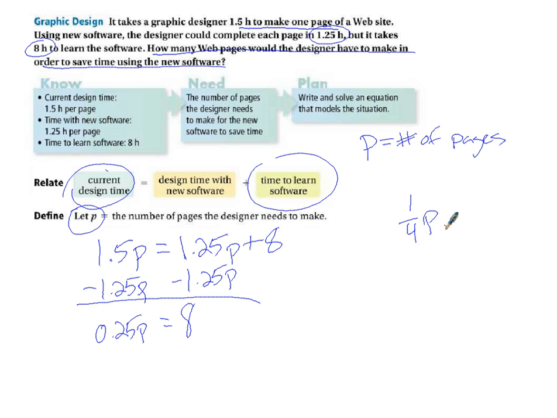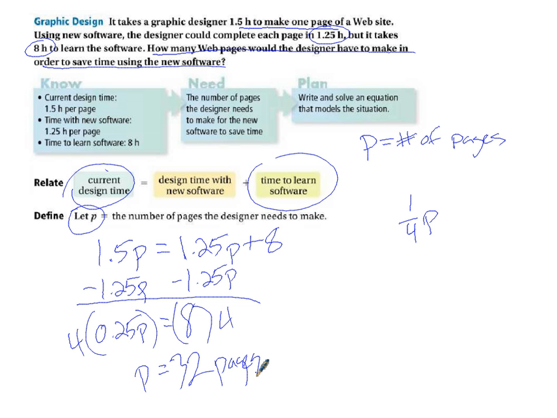Multiply by 4. So rather than divide both sides by 0.25, which is legitimate, it would give you the answer, I can make life easier on myself if I don't have a calculator by multiplying both sides times 4. And now I get P equals 32. I didn't even need a calculator for that. 32 what? Pages.